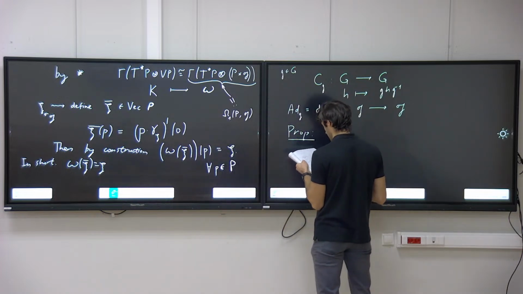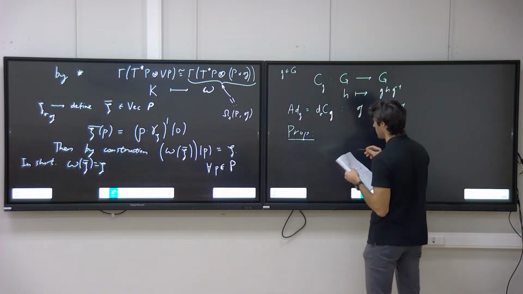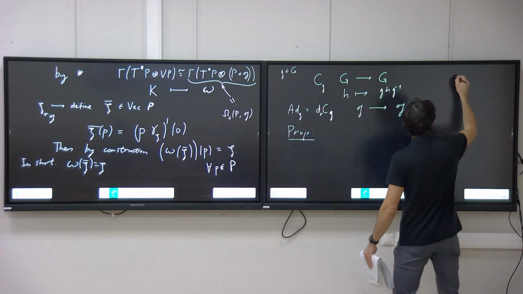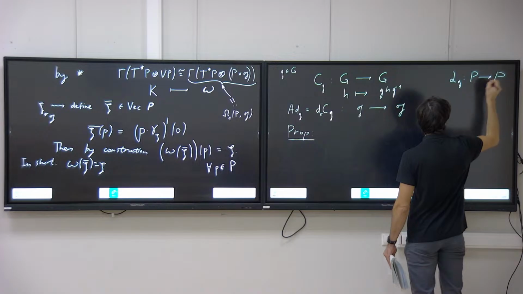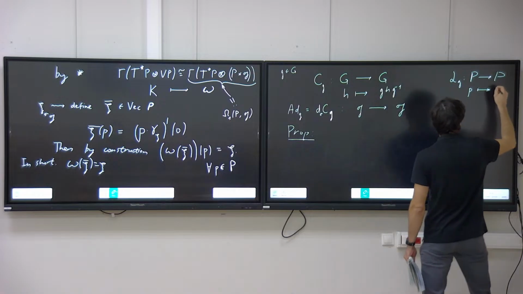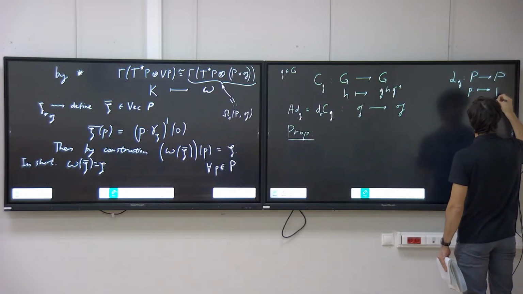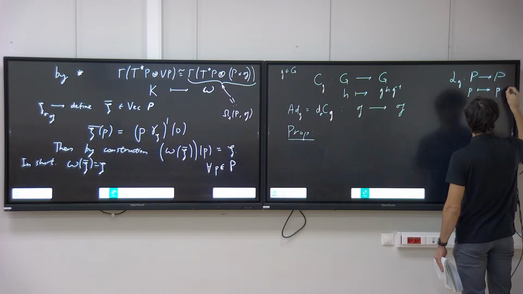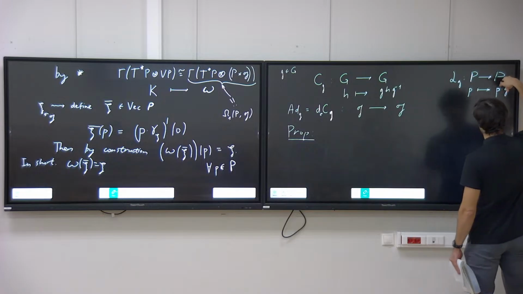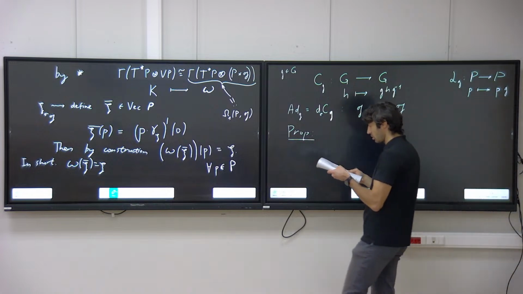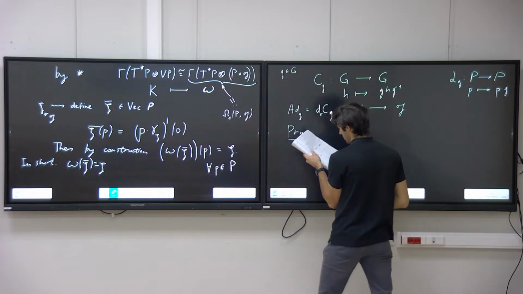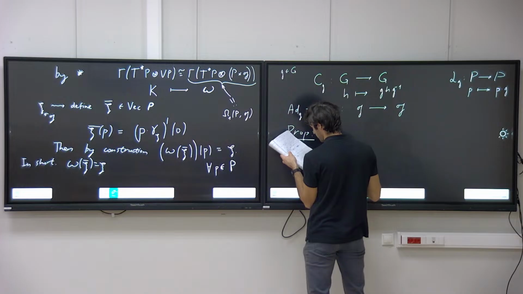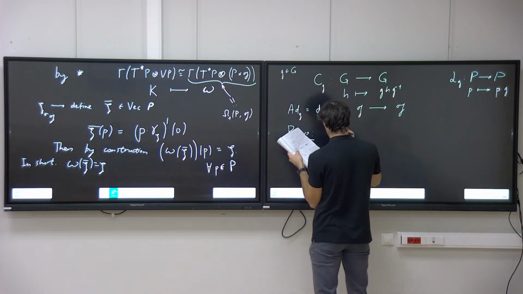I also had my map alpha_G, remember? Alpha_G was from P to P. It takes a point P and maps it to the point which I get from the action by G. The proposition says that this adjoint action and alpha_G are related in the following way.